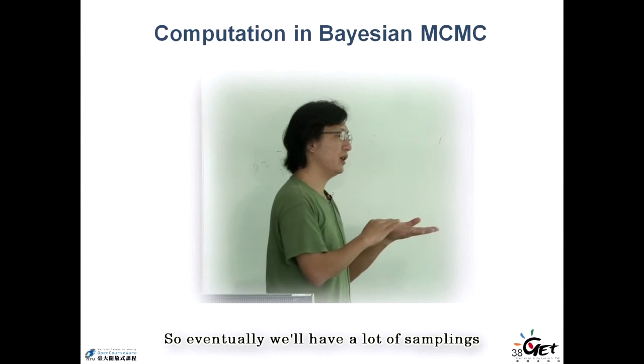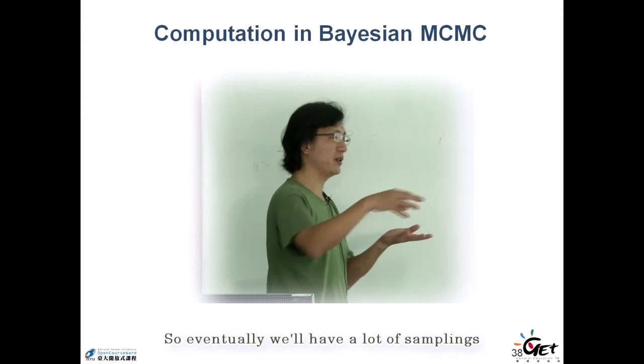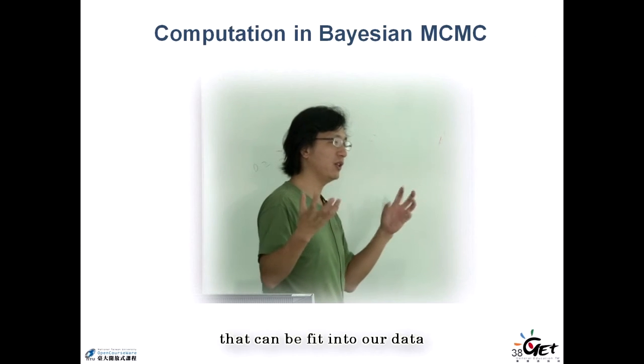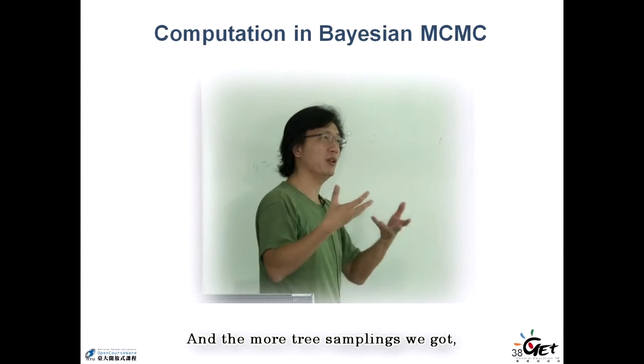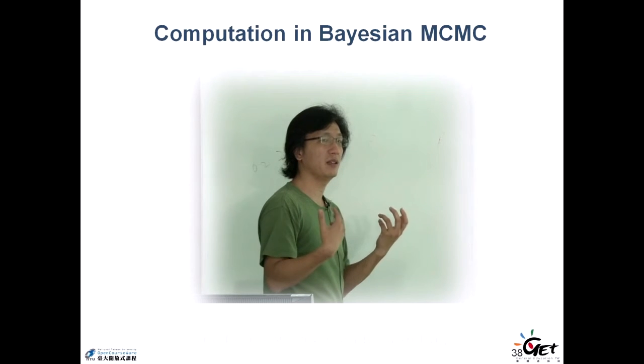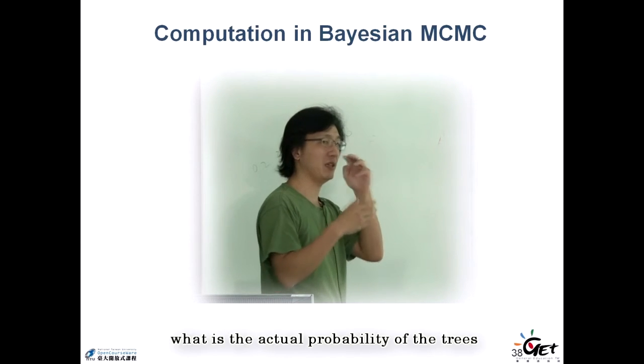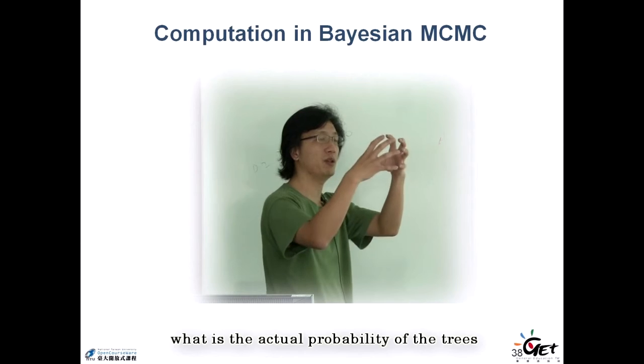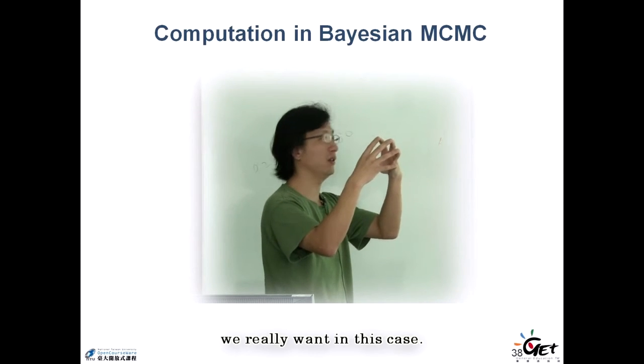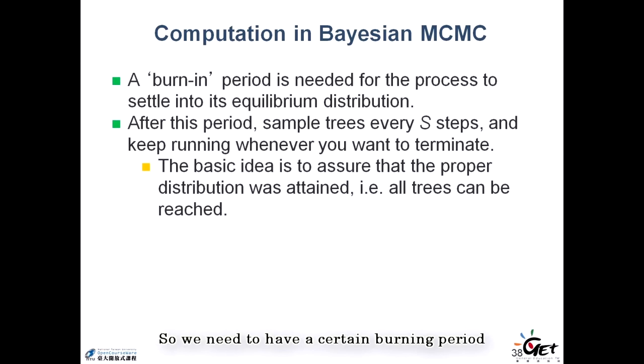Eventually we'll have a lot of samples that can be fit to our data. And the more tree samples we get, the better we understand the actual probability of the trees we really want in this case. So we need to have a certain burn-in period for this process to become an equilibrium distribution.